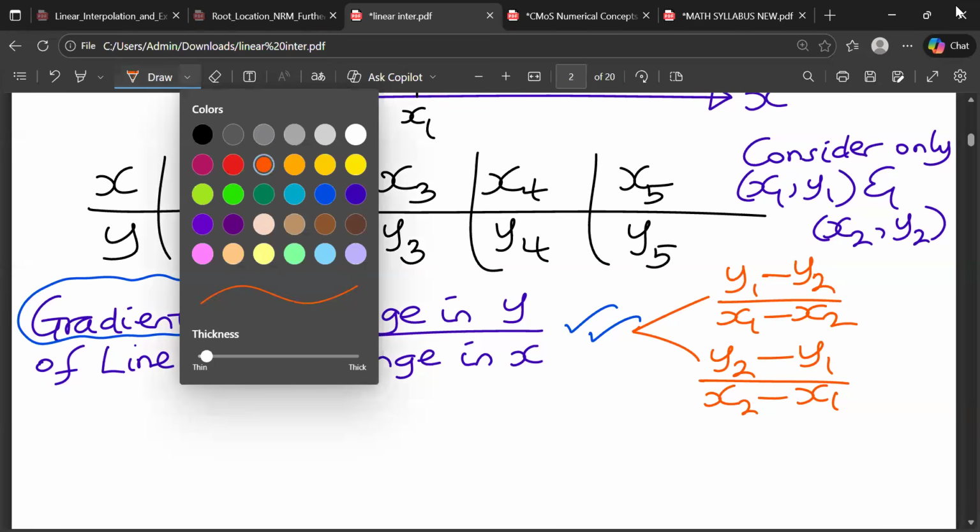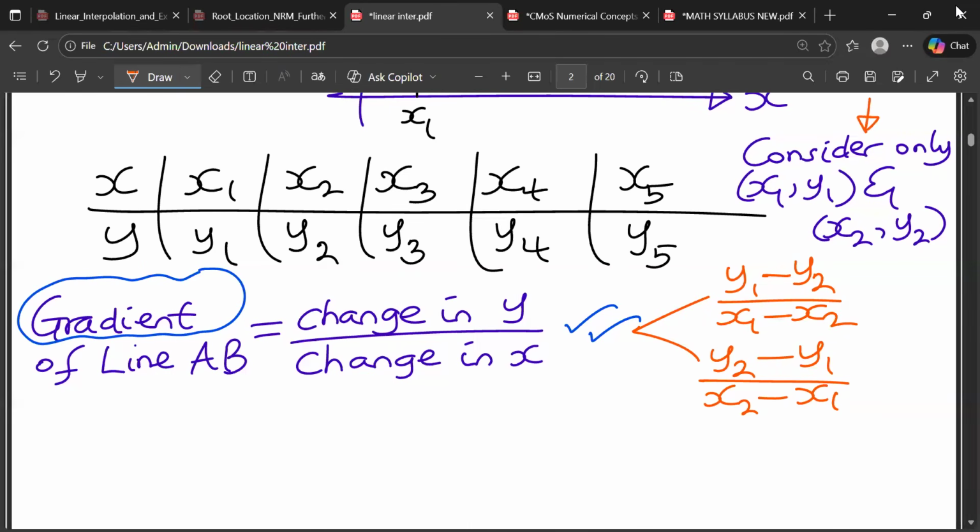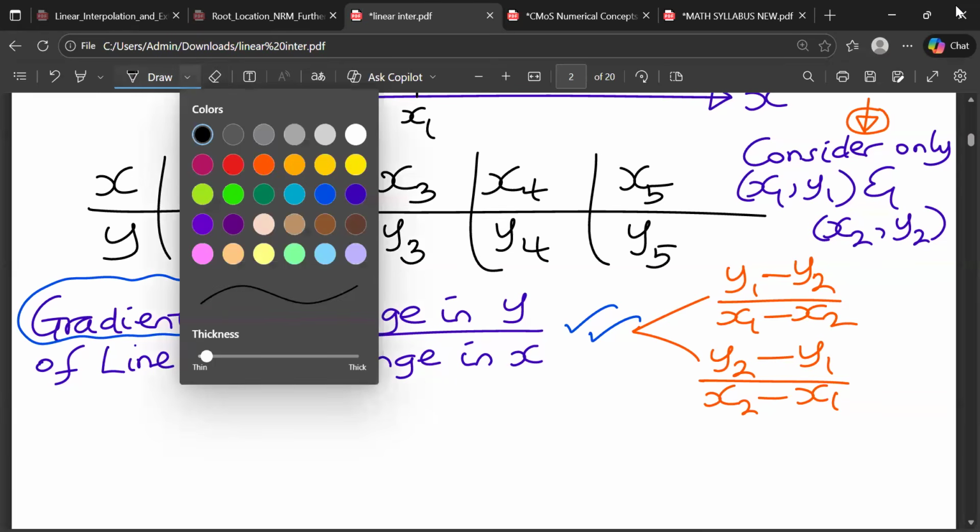You see, this linear interpolation is confusing if you just want to cram how questions are done. There are questions that will come and you will not be in position to reason, which will be very bad. So if I'm considering only two points, that is x1, y1, then x2, y2, which one of these two is correct? Yes, for gradient. Of course, we are talking of gradient.